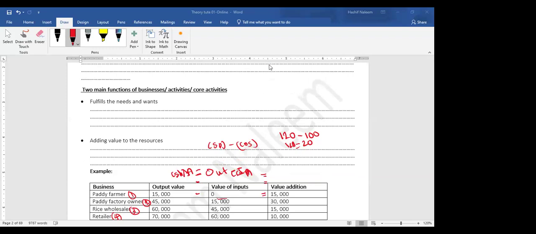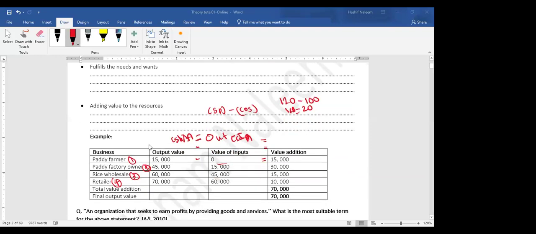Okay, so now write the definition for value addition: adding value to the resources. Write down, listen carefully. The difference between inputs and outputs is called value addition. Full stop. Continue.